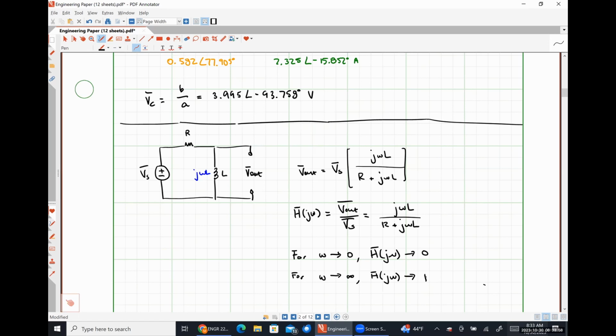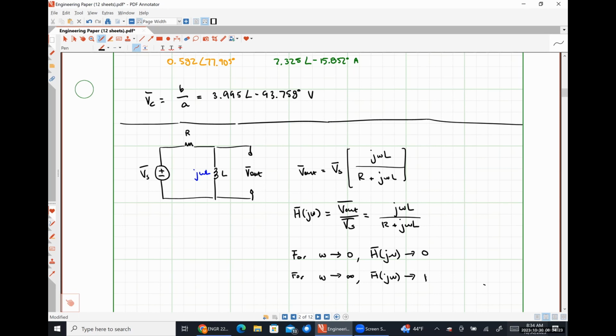So that's the role that impedances play in circuits, right? So an inductor at very low frequencies looks like a short circuit. And then as the frequency increases, it gradually looks more and more like an open circuit. Capacitors work the exact opposite way, right? So we know that at DC, a capacitor looks like an open circuit.